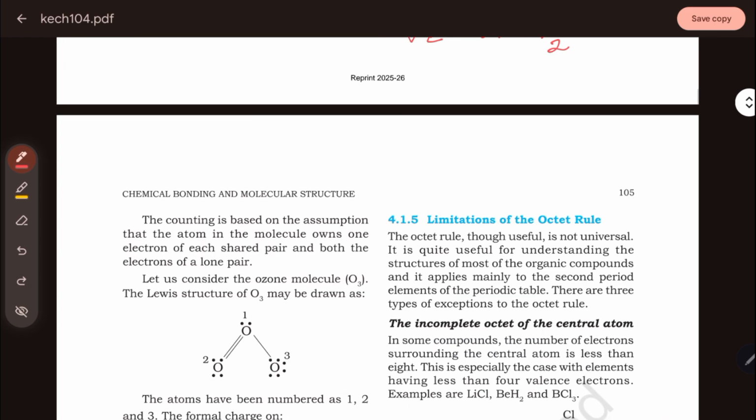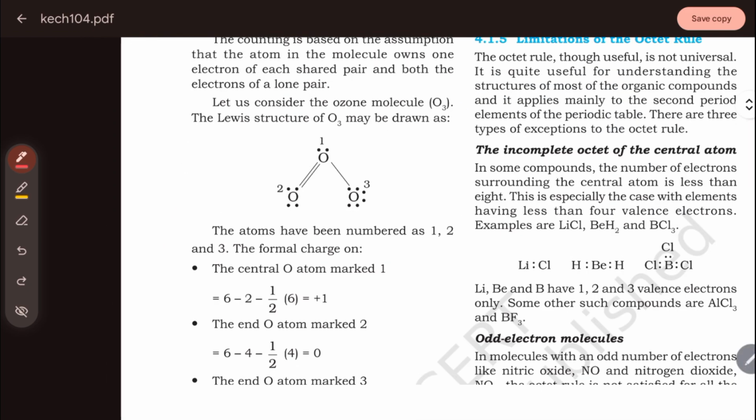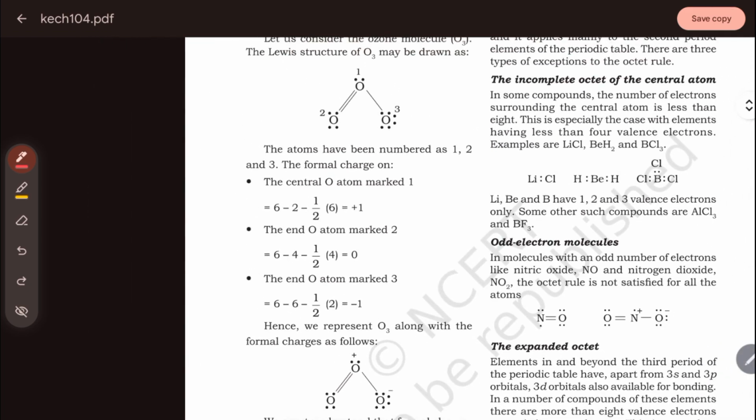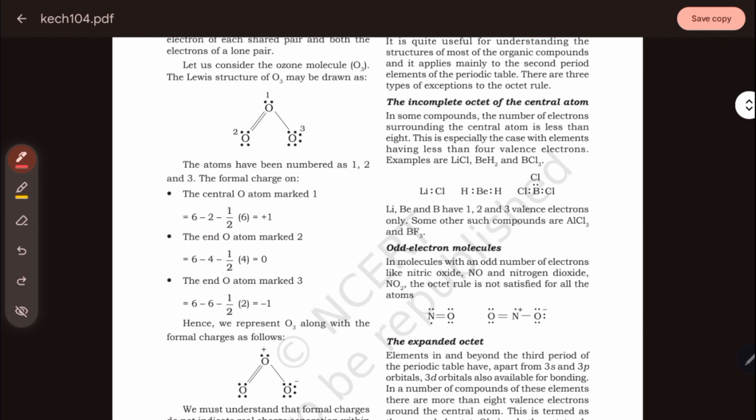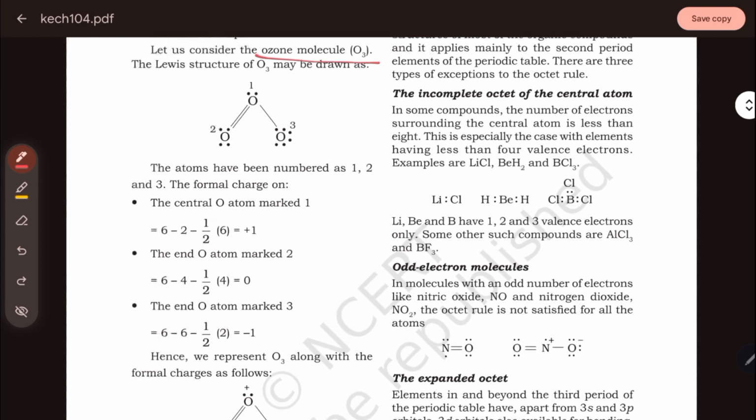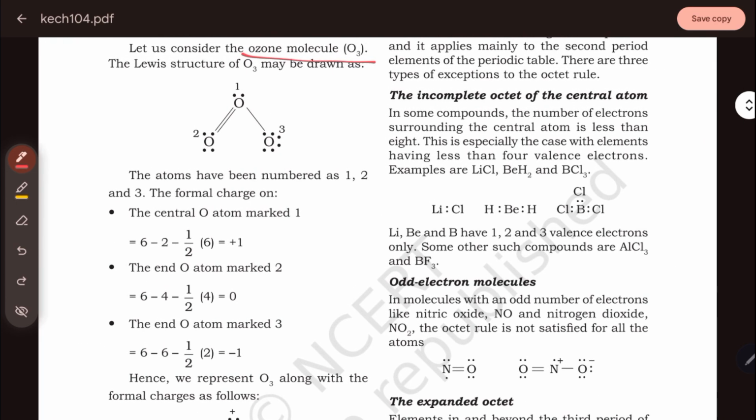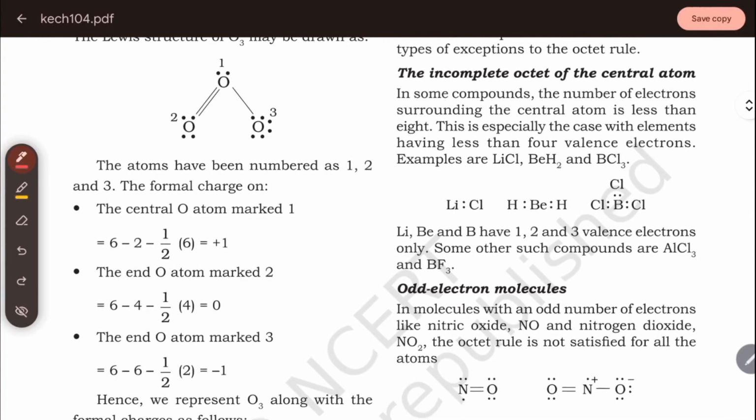Now we are going to apply it over here, and so we will get the formal charge. See, let us consider ozone molecule. Ozone molecule is O3. Now this was the type of the bonding. If I say the dative bond has been shown by a covalent bond. Now here O3, the oxygens are tagged as 1, 2 and 3.